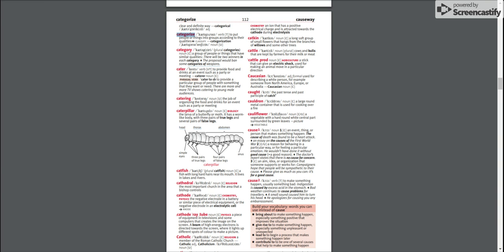Why is that important? It is important because all of the words in the dictionary are listed alphabetically according to the English alphabet. A, B, C, D, E, F, G, H, I, J, K, L, M, N, O, P, Q, R, S, T, U, V, W, X, Y, Z. It would be impossible to just guess where a word was, right?